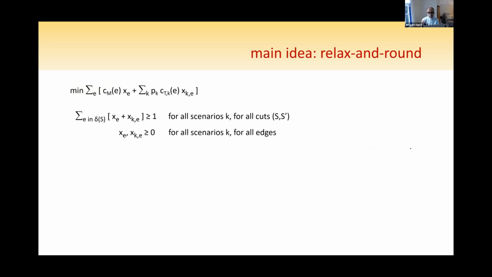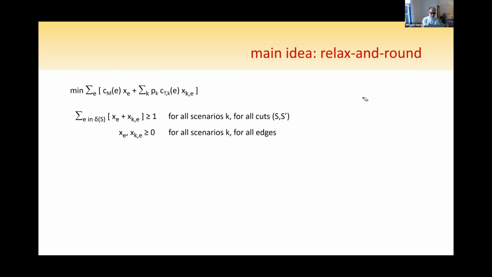So I'm going to use relax and round again. This time, here's what I'm going to do. This is a bit of a mouthful, so let me read this out to you. I'm going to have a variable for every edge, and I'm going to ask for the following LP to be solved.